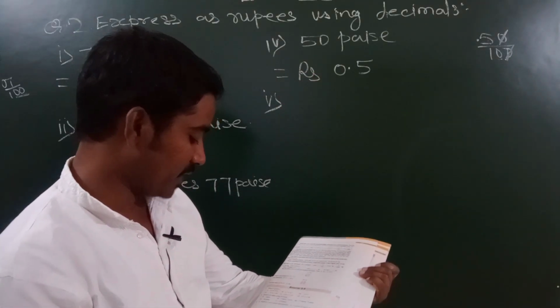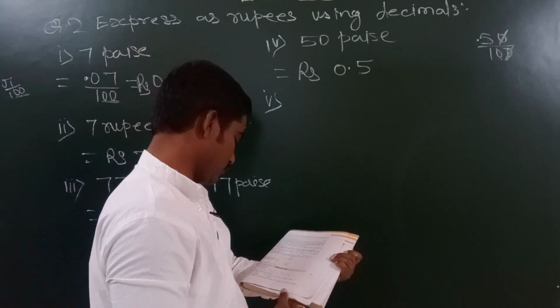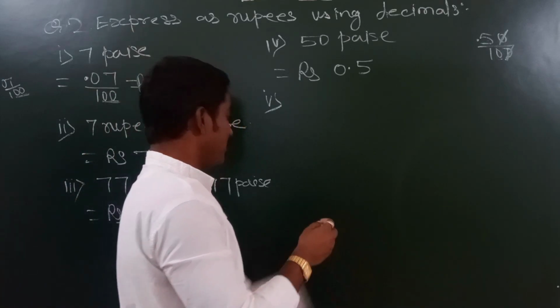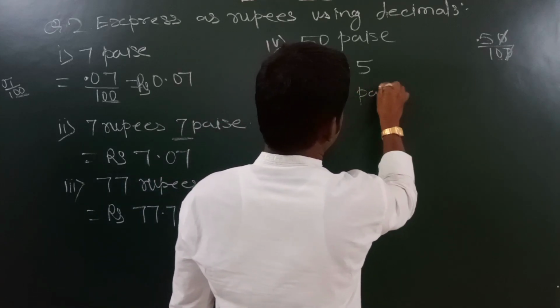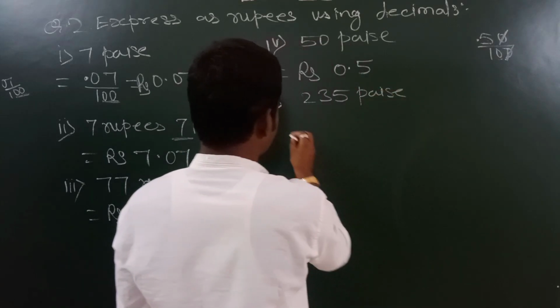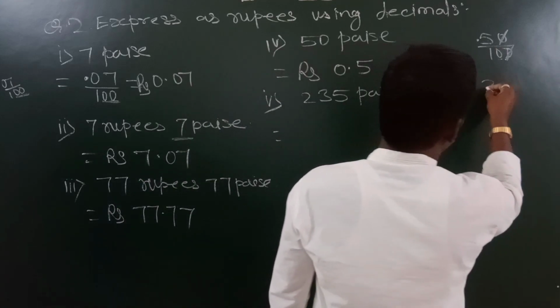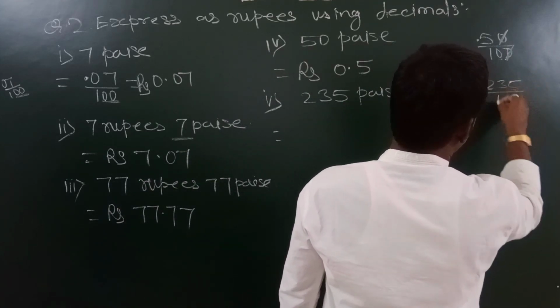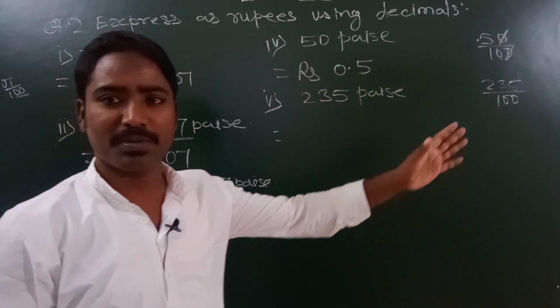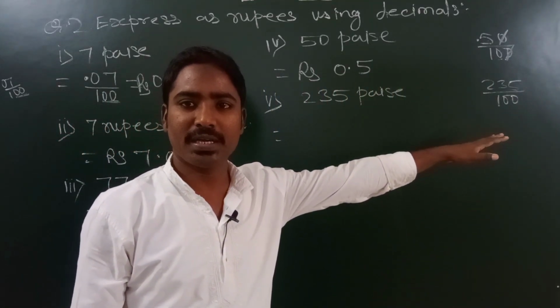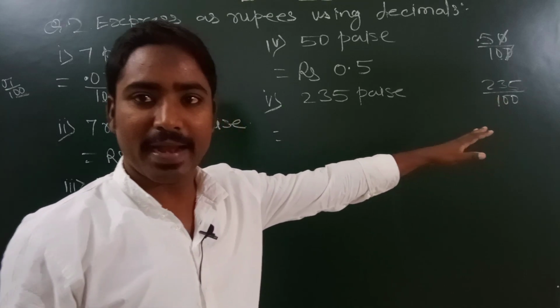Now moving to the last segment of this question, students, 235 paise. Again we will divide 235 by 100. Don't simplify into the simplest form, because here we already have 2 zeros at the denominator.